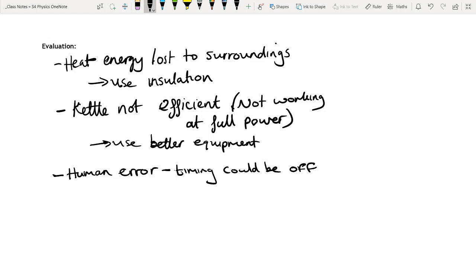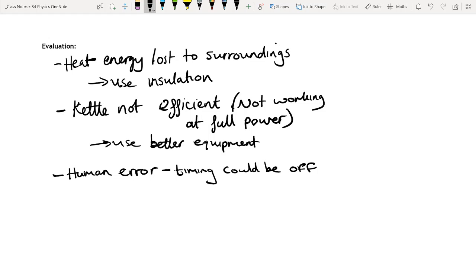There's not really anything you can do to improve human error. Robot. No, you want it to be starting out boiling because all you want is for it to keep on boiling.